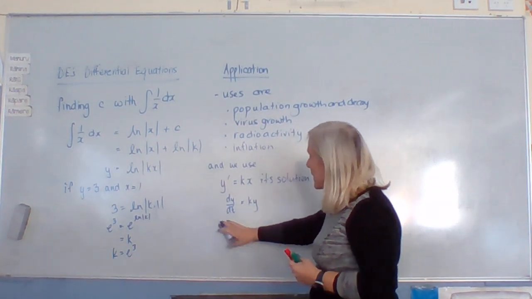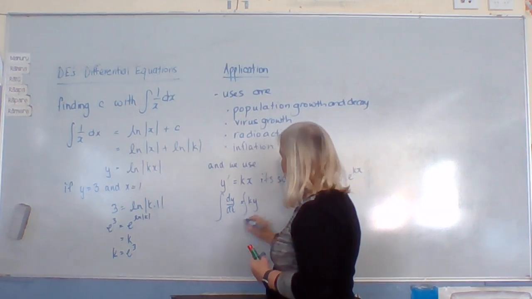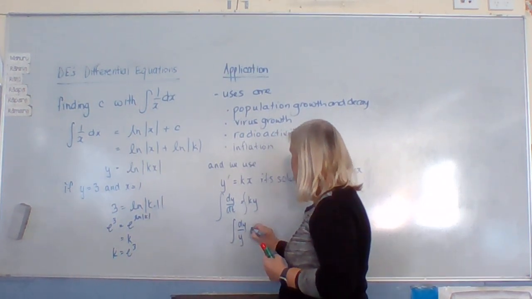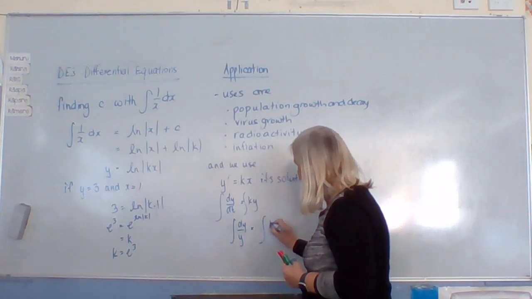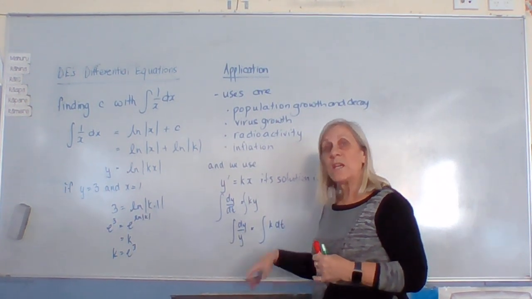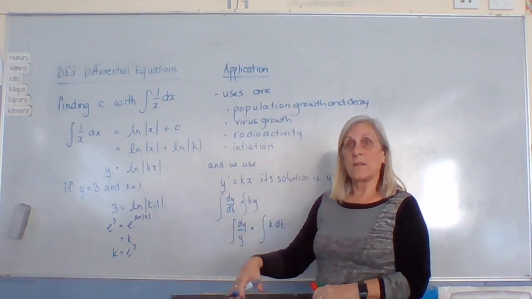Then, when we integrate this, we need to separate the variables. So we're going to get the integral of dy over y and the integral of k dt. So this is the part that you have to be able to show to be able to get that integration tick, to be able to get excellence for solving it.